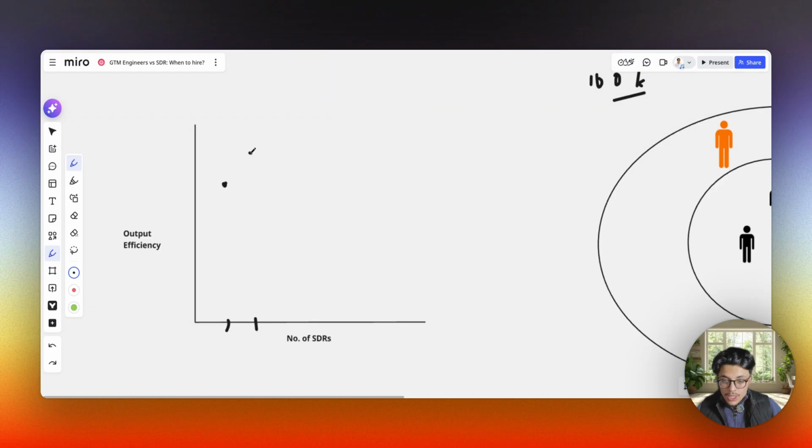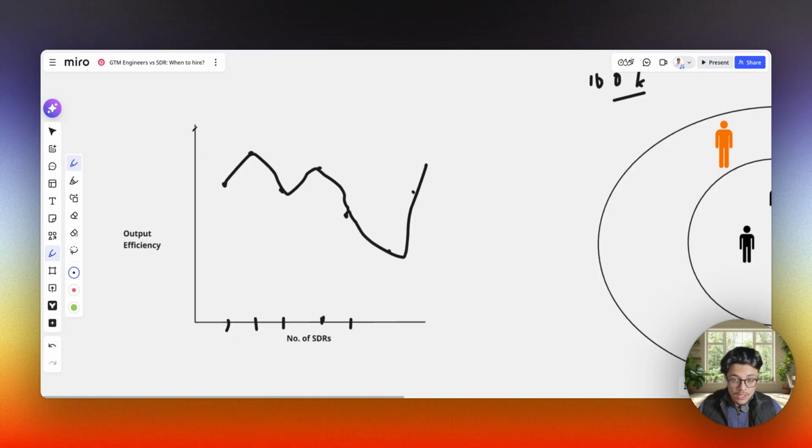With your second SDR you might have the output here, but with your third, fourth, fifth SDR, some have output here, others here, and this pattern repeats. As you can see in this diagram, it just fluctuates. It does not remain consistent.